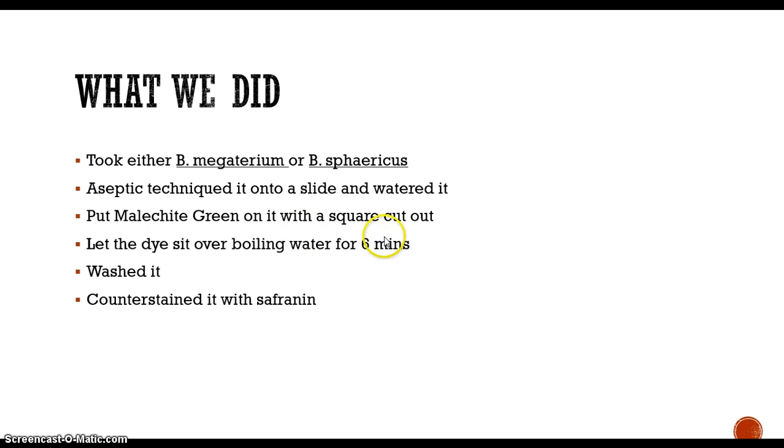Then we cut out those paper towel squares and flooded it with malachite green. That's the one where you had a can boiling with the net over it, and you let it sit over the boiling water for about 6 minutes. Then we washed it and counterstained it with safranin.